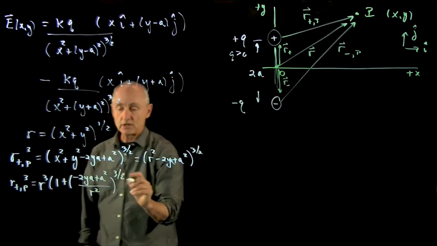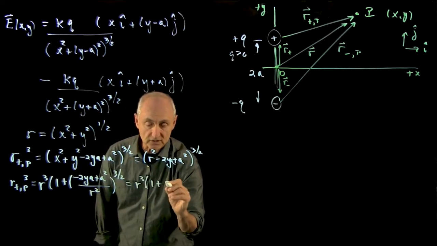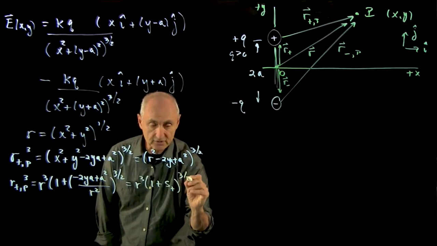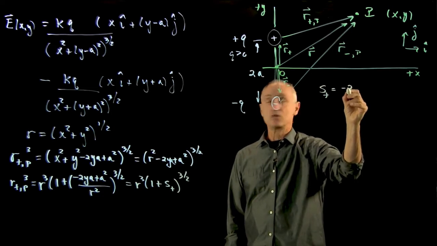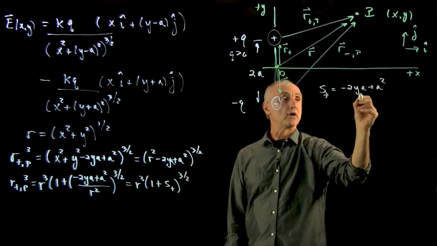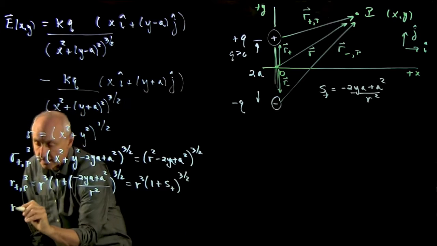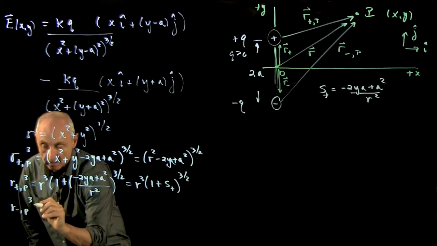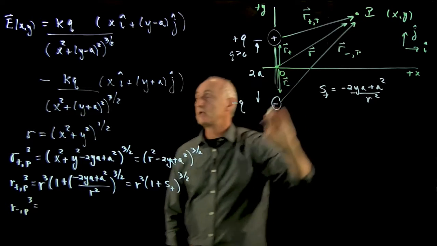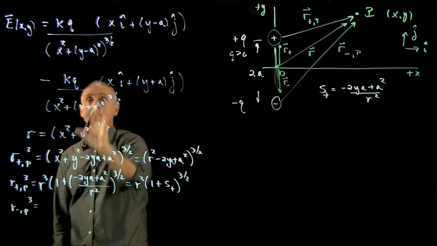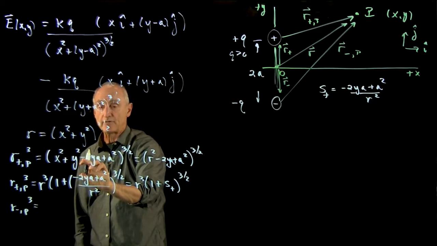Now, this is a complicated term, so I'd just like to indicate it as 1 plus s plus to the 3/2, where s plus is equal to minus 2ya plus a squared over r squared. Now, when I look at r minus p cubed, that's this denominator here, which is the distance from the minus charge to the point P. Everything is exactly the same, except when I do the square here, instead of a minus sign I'll have a plus sign.